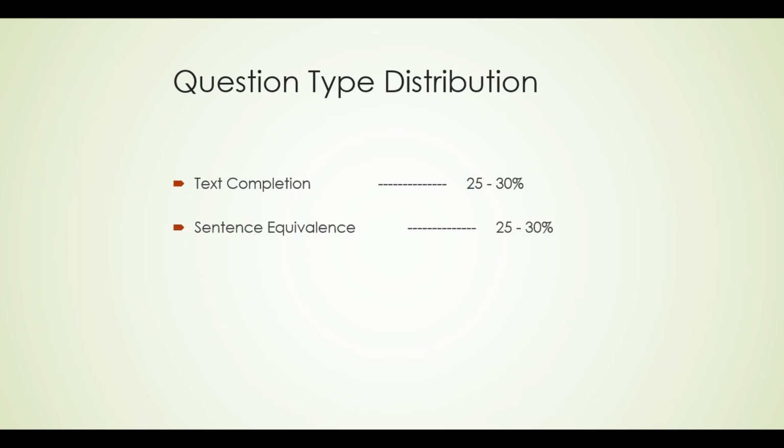Then you also get 25 to 30% questions from the sentence equivalence question type. And finally, you get 45 to 50% reading comprehension question types. So the reading comprehension question types are the most important as well as the hardest type of questions on the GRE.